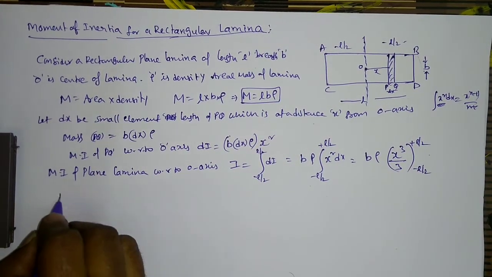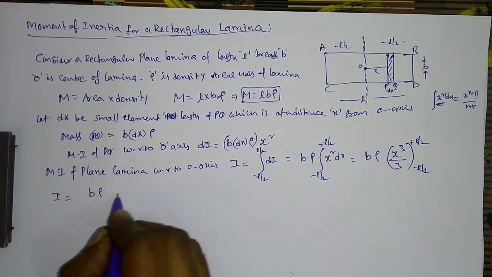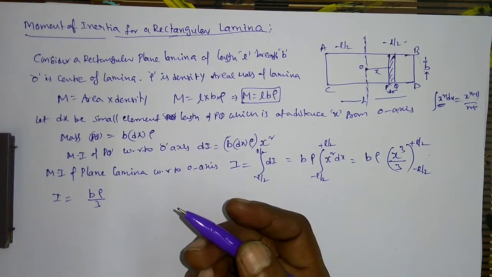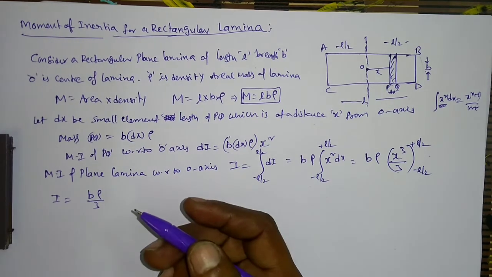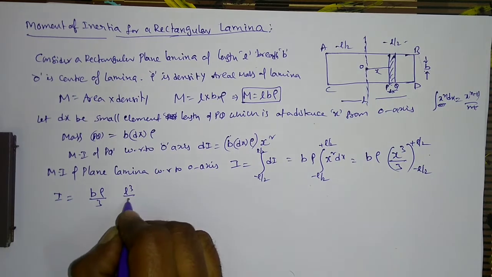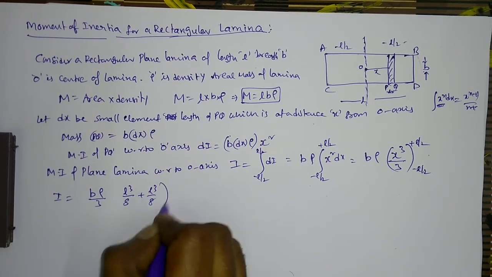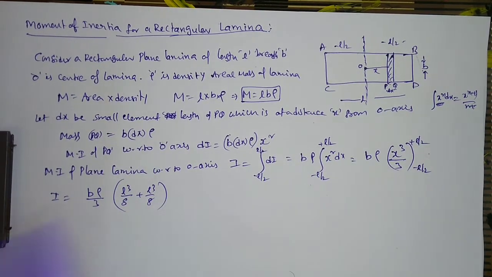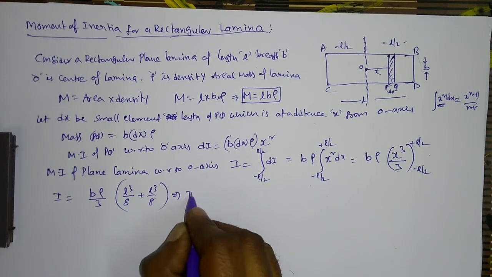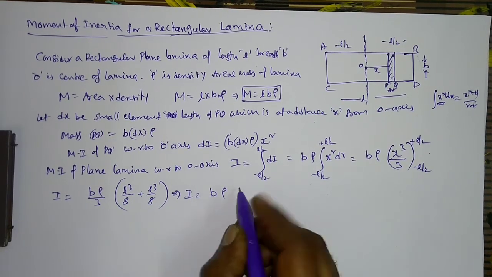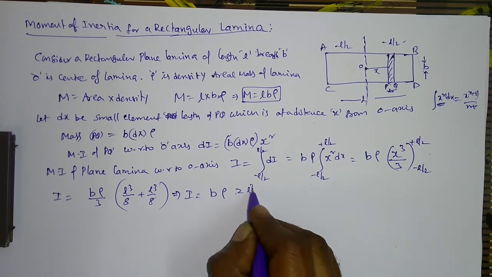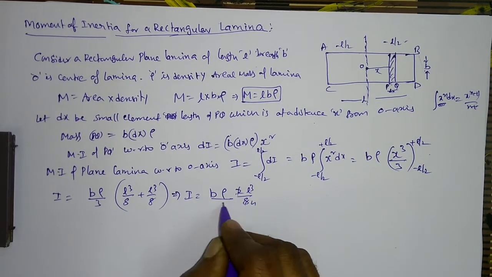That is I is equal to b rho by 3 keeping outside, L cube by 2 cube, that is L cube by 8, plus L cube by 8, that is 2 L cube by 8, that is simply L. So I is equal to b rho 2L cube by 8, that is 2 by 8 is 1 by 4, and 3 is there.